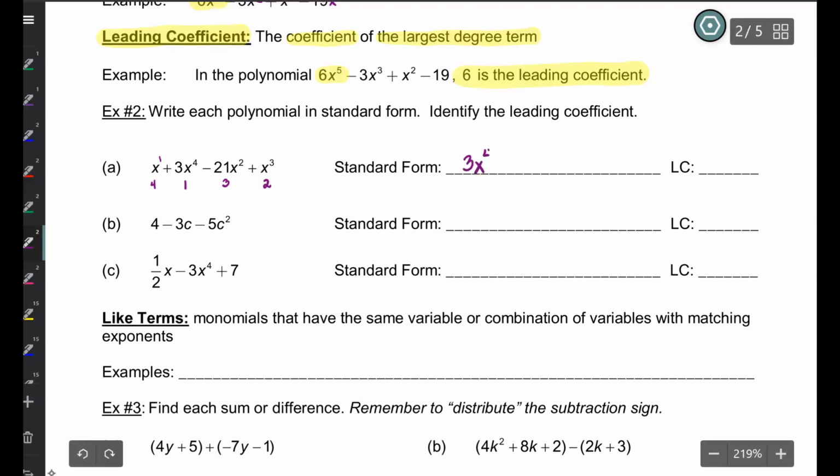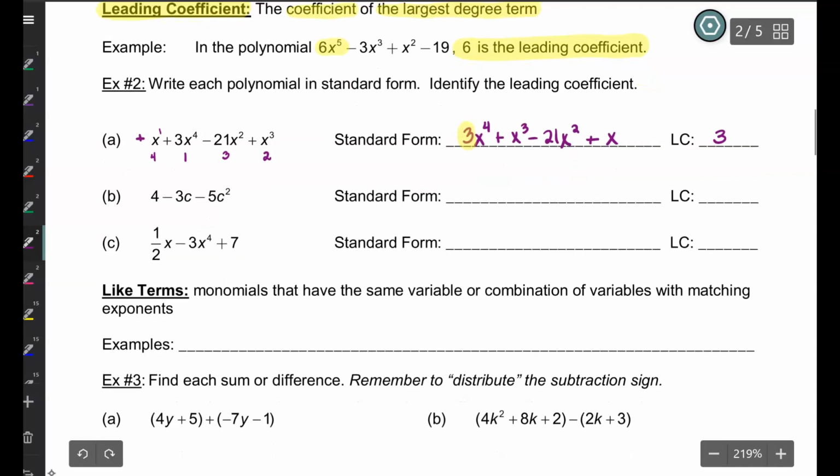So 3x to the 4th plus x cubed minus 21x squared. And although there's no sign in front, we have to recognize that that's a positive x that we're going to be adding. So I'm going to put a plus x. Then I want to identify what's the leading coefficient. That's a 3 because that's the coefficient in front.